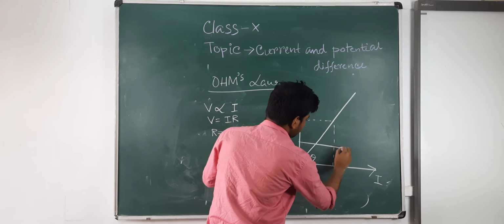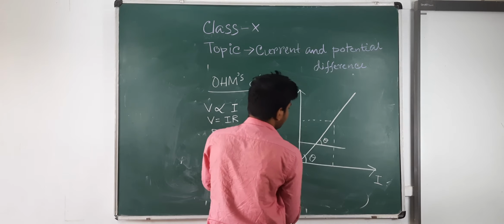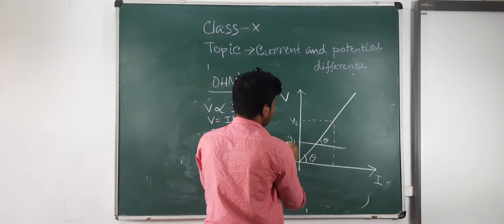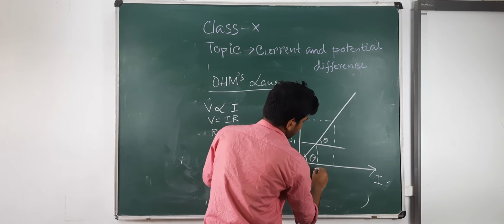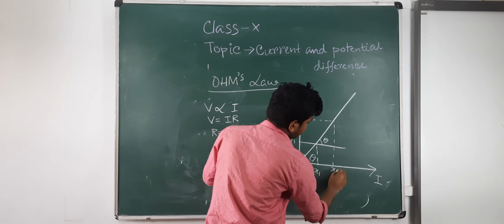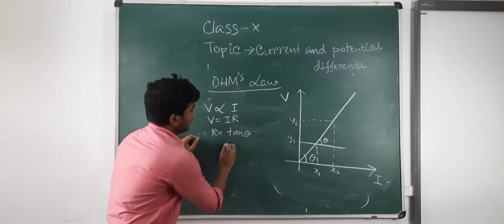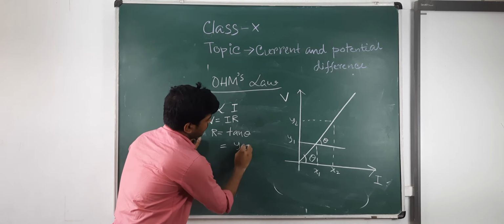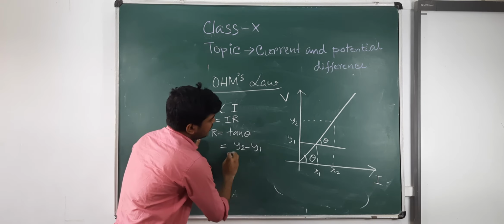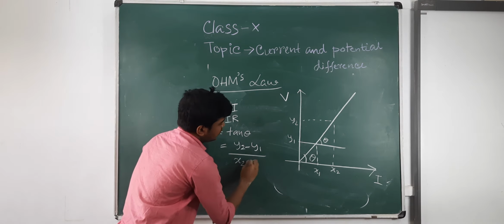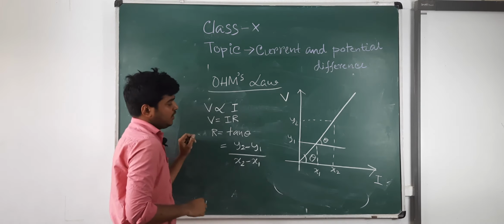Suppose this is theta, this is y2 and y1 on the y-axis, and this is x1 and x2 on the x-axis. So what will be the value of tan theta? It equals y2 minus y1 divided by x2 minus x1.